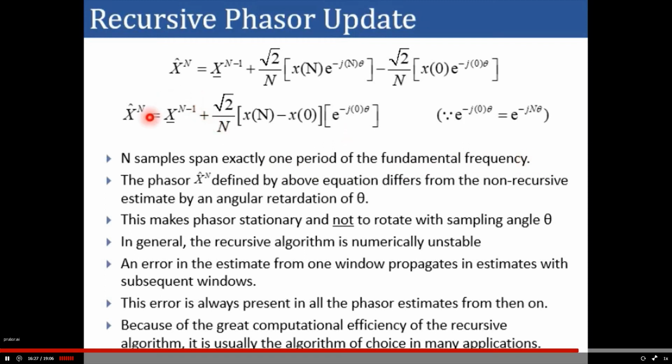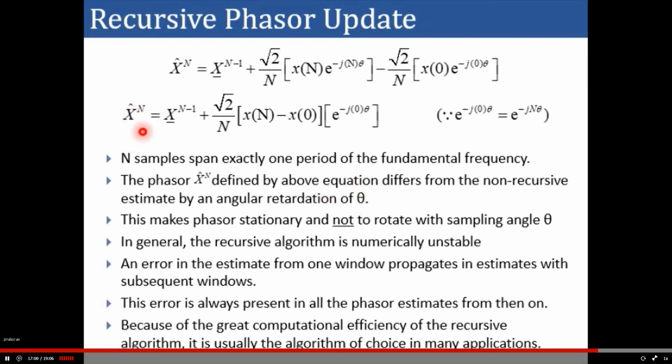But you see here, this x cap n defined by the above equation differs from the non-recursive estimate by an angular retardation of theta, because there, instead of n theta, we are utilizing n plus 1 theta. That means we are delaying the sample, that is xn in the previous slide, by multiplying it by e to the power minus j theta, meaning we are retarding the overall sample by angle theta.